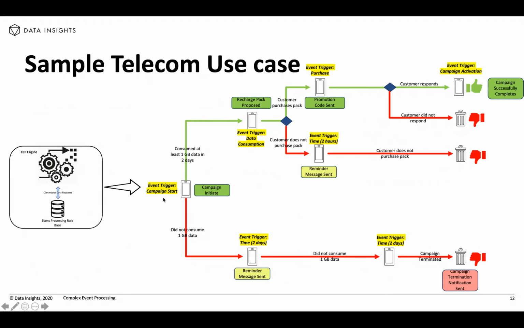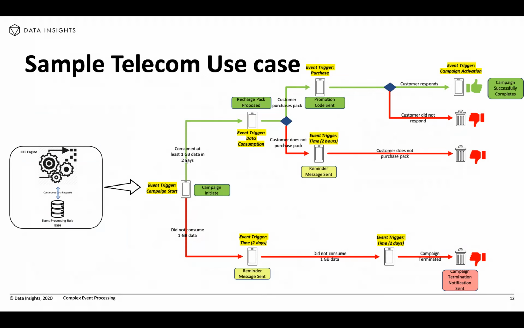So let's start from the beginning, where the campaign has been initiated by your telecom operator. The campaign talks about the data consumption of one particular user. Let's say the trigger point is that if the consumer has consumed 1 GB worth of data in 2 days, that is my trigger point for this particular campaign.